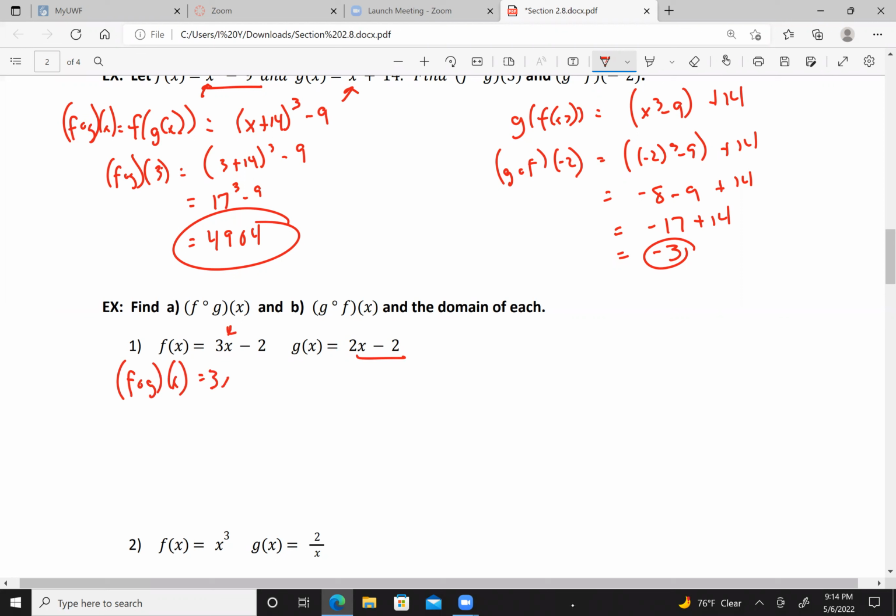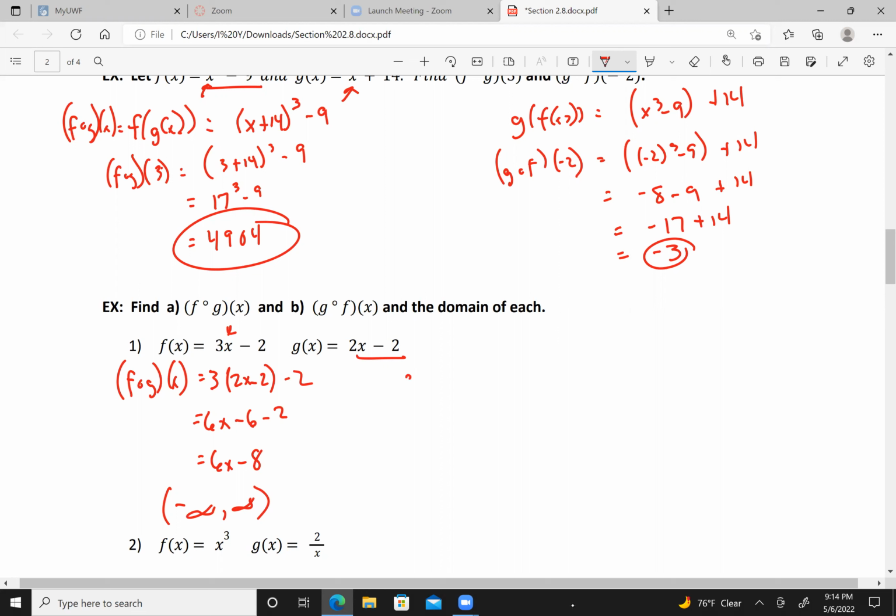I have 3 times 2x minus 2, minus 2, which is 6x minus 6 minus 2, which is 6x minus 8. My domain can be anything, so all reals, negative infinity to infinity.